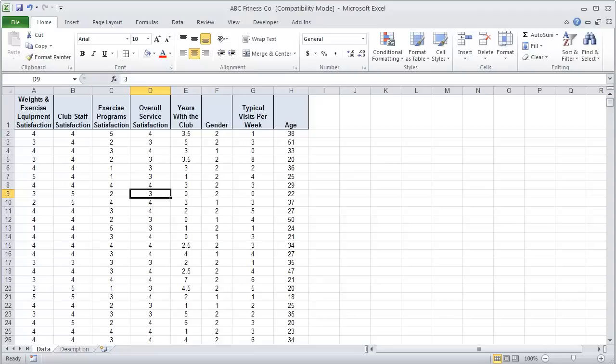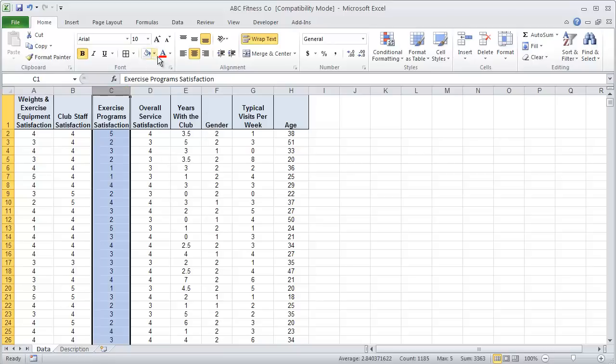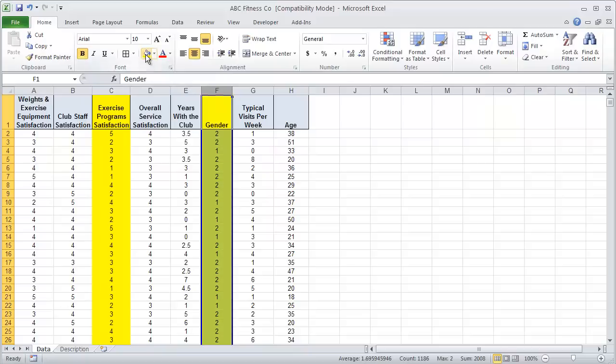So when we look at these, let's go ahead and look at a company. ABC Fitness Company has just finished doing a survey. And in their survey, they've asked a series of questions and have a series of values that they've placed with different pieces to it. And the people in charge of the exercise programs are really curious if men are more satisfied than women.